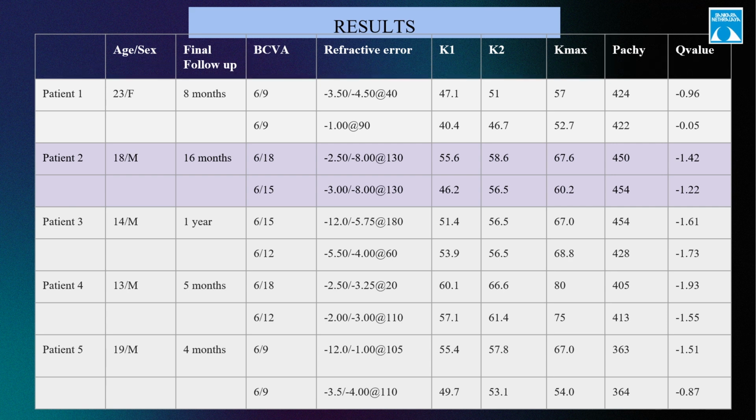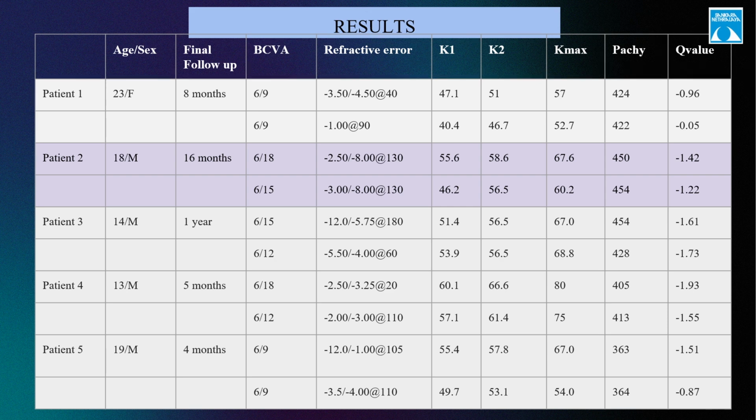For the third patient, he had a high refractive error of -12, -5.75 at 180. It came down to -5.5 and -4 cylinder at 60 degrees. Similar results in K1, K2, Kmax, and the Q value.